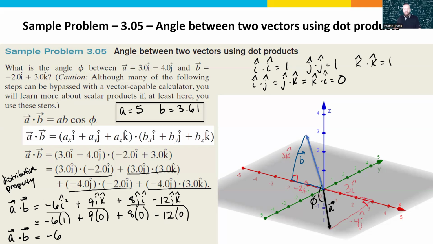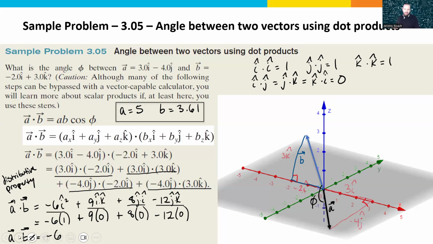So the first one's negative 6 times 1. I hat dot K hat is equal to 0. J hat I hat is equal to 0. J hat K hat is equal to 0. So we only have one term that we have to keep here. So now we know that A dot B is equal to negative 6.